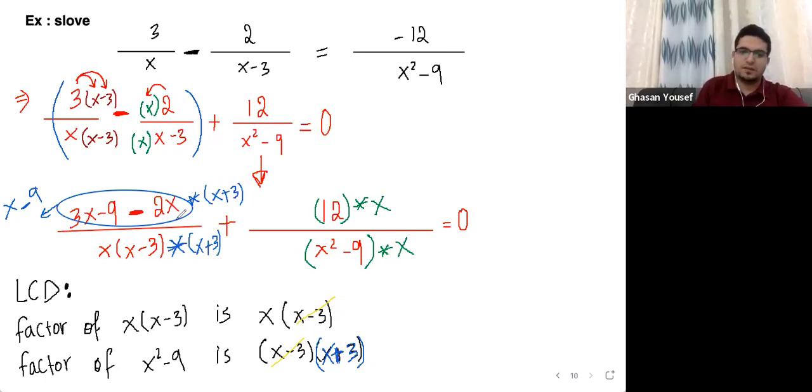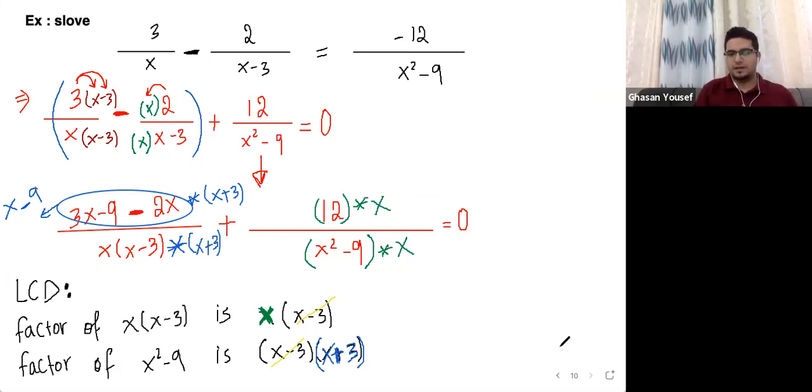Again, for this fraction, I have to multiply by whatever is left from the factor of x squared minus 9, which is x plus 3, on both the numerator and the denominator. But for the other fraction, I multiply both sides by whatever is left from the factor of x times x minus 3. The only thing left is x, because the rest will be cancelled out. So multiply this side by x and this one by x.